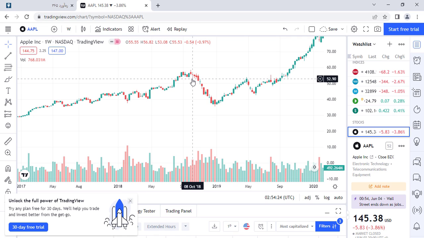Before that, we can see some doji candles, which show that the prices... we call these types of candles doji candles. We will explain more about this in future parts of our tutorial.